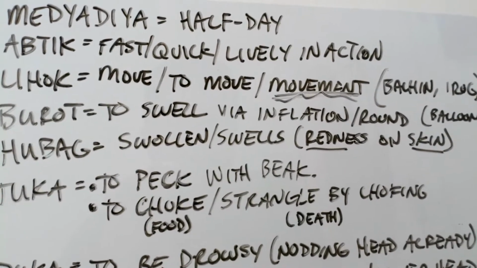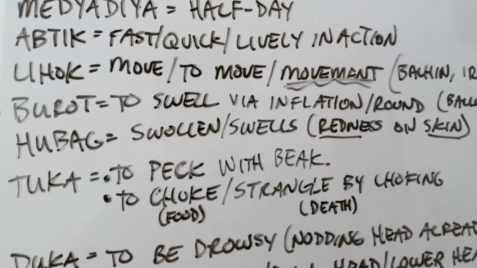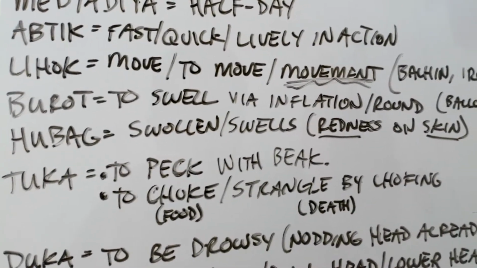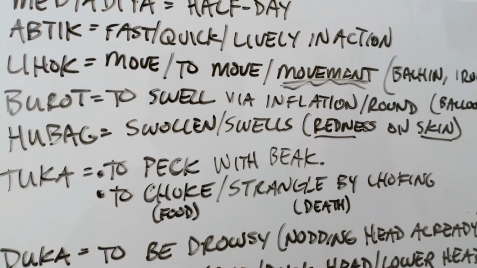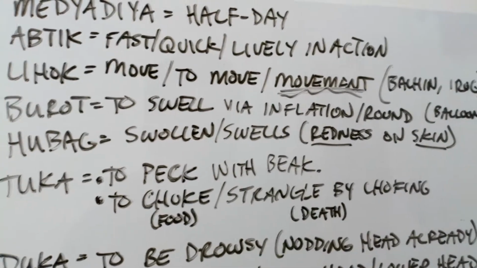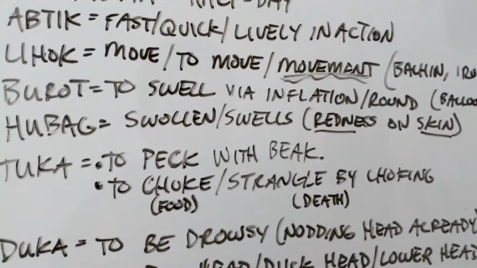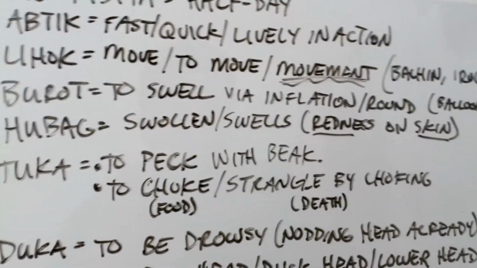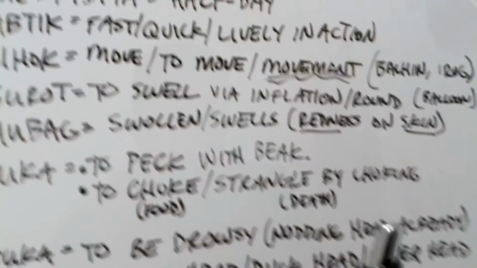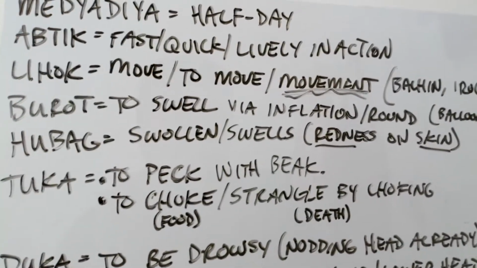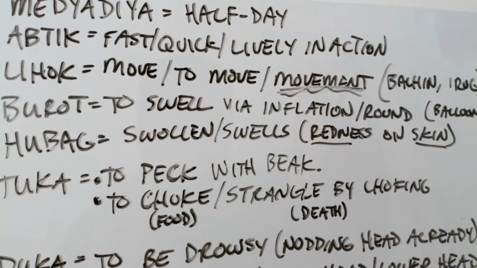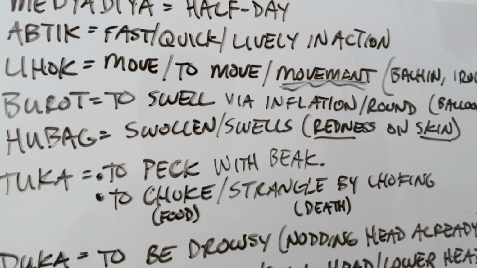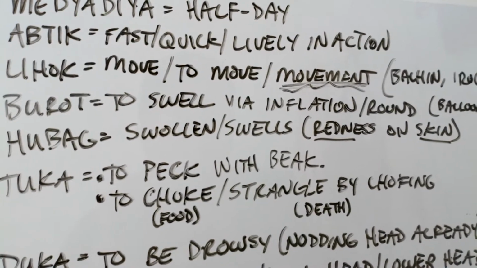Lihok means the movement of something that is alive, or the movement of an object that moved. Irog is just to move an object, move it to the side. But lihok is for an object or thing, or even people, that moves.